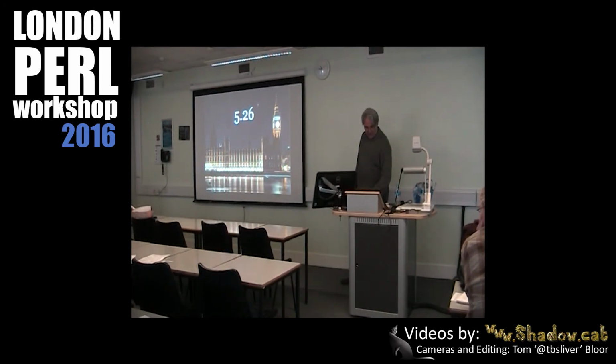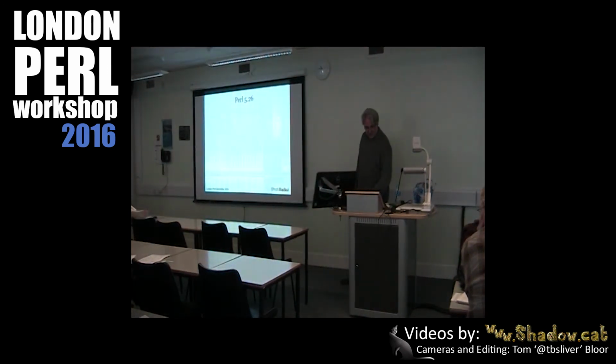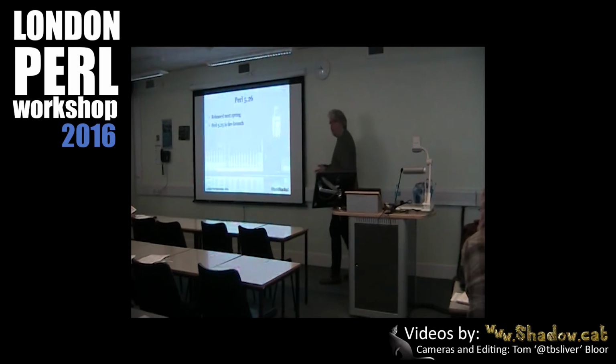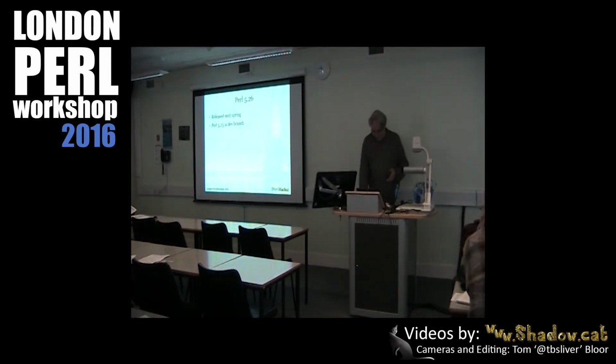A little sneak peek ahead to 5.26, which will be out next spring. Currently, if you want to see what's going on, you can have a look in Perl 5.25. Well, for a development version of Perl, new versions come out pretty much every month. So what's the current version? 5.25.6 or 7, something like that.